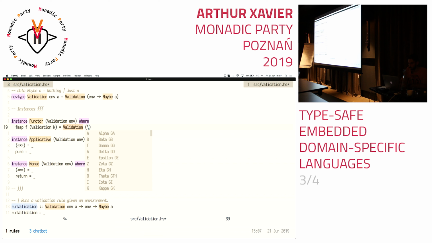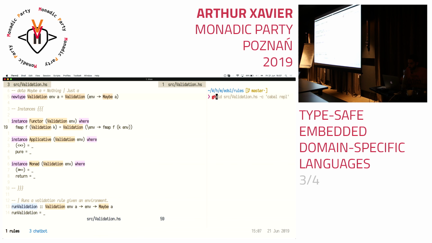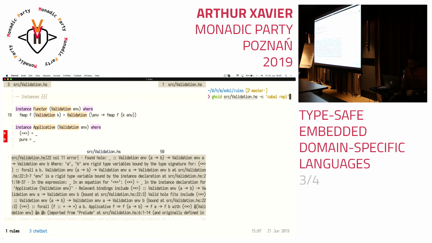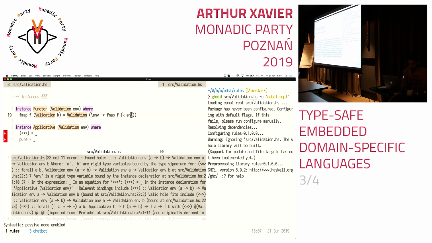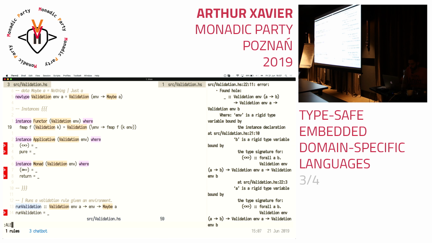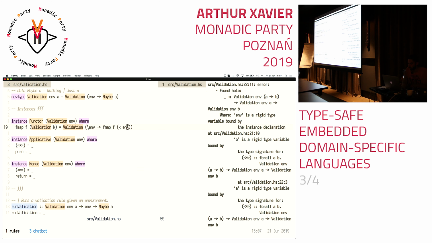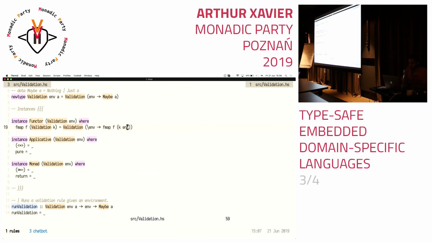Hopefully this is okay for everyone. And then we go fmap f2k env. I think this is going to build. This doesn't build. Okay, this builds. Okay. So now we're left with two other instances to build, right?